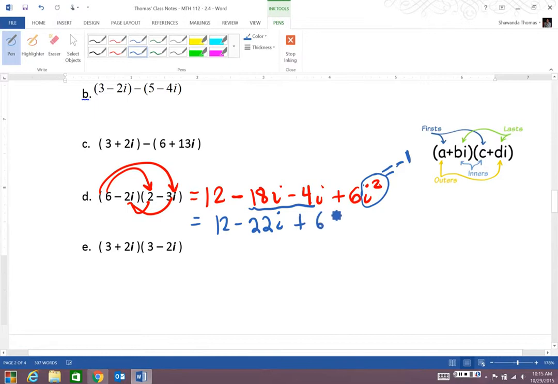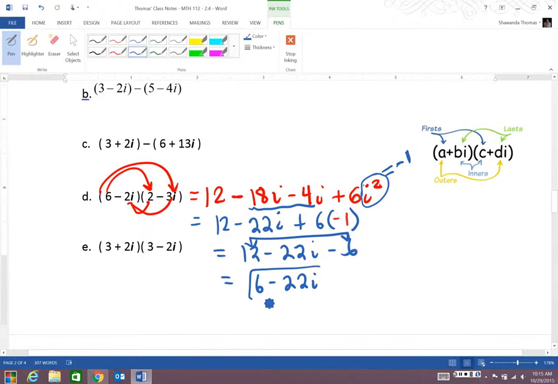plus 6 times negative 1, because i squared is the same thing as negative 1. Now we have 12 minus 22i minus 6, which simplifies to 6 minus 22i, since 12 minus 6 is 6. 6 minus 22i is our answer.